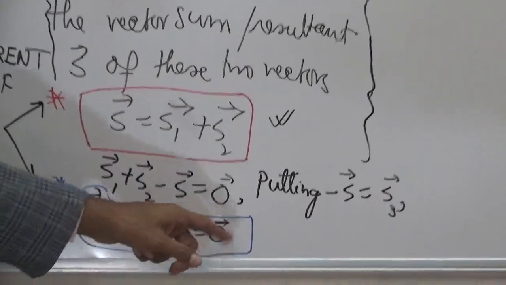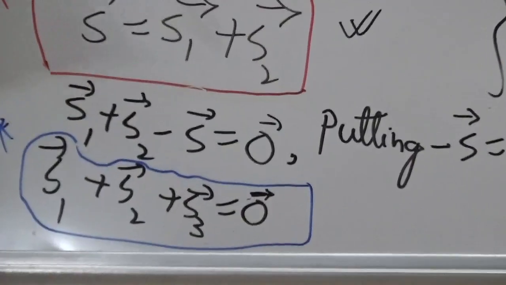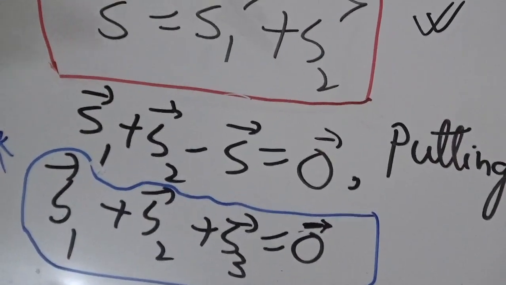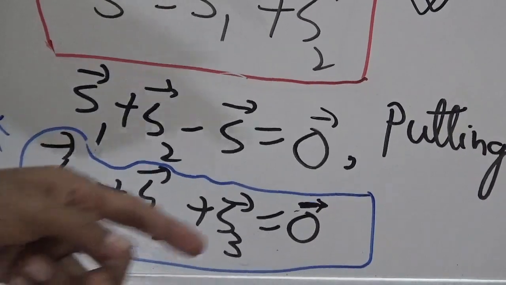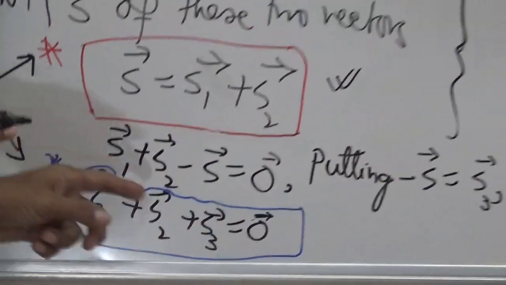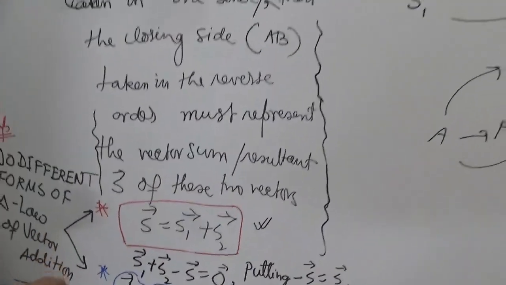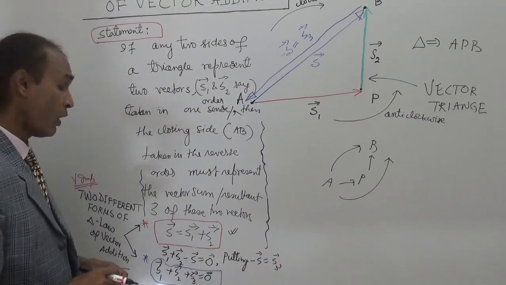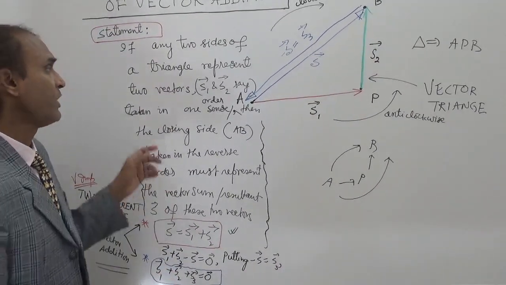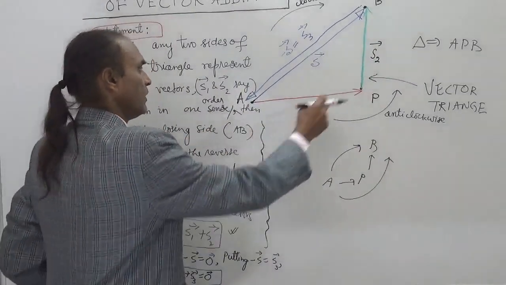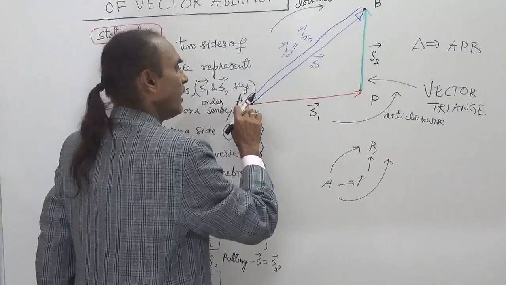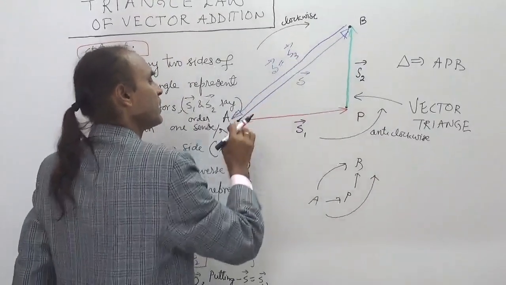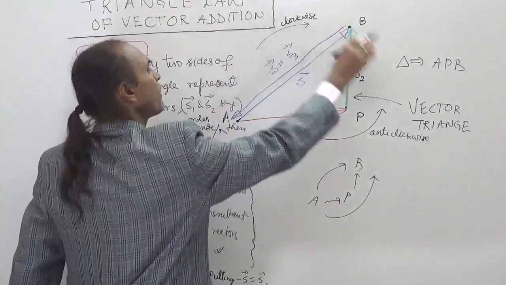This is another example of the 0 vector when I discussed the types of vector, there I talked about the 0 vector. This is the practical example of the 0 vector. So how to get a zero vector? If you are taking any triangle in a particular sense, either you take the anti-clockwise sense or you take the clockwise sense.